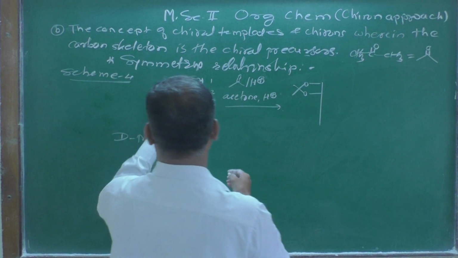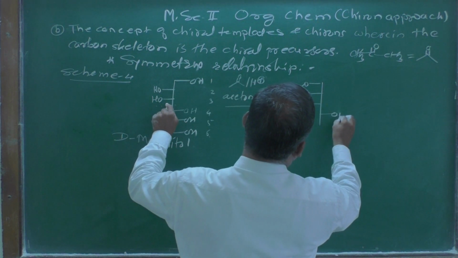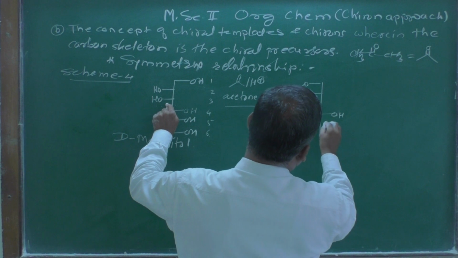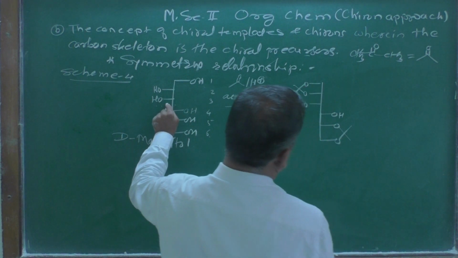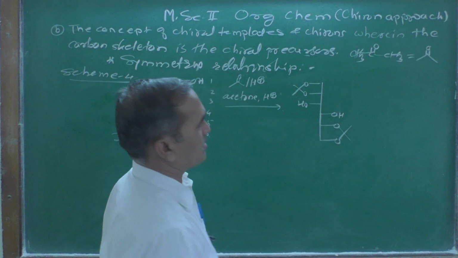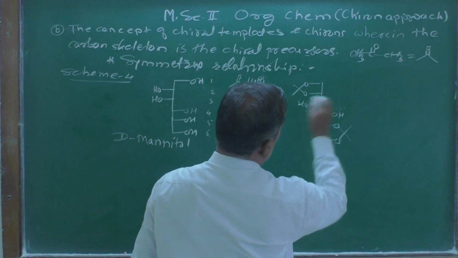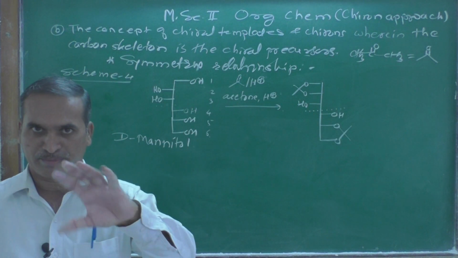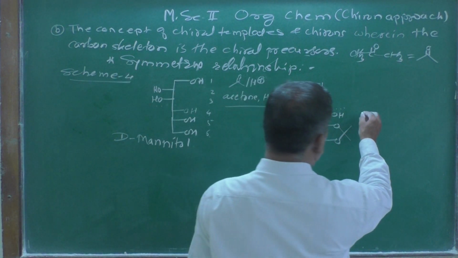One OH group is on this side, one OH group is on this side, and then the next one should be this one, right? So this is the exact symmetry present over there, and you can break the molecule by looking at the symmetry and an oxidation reaction.